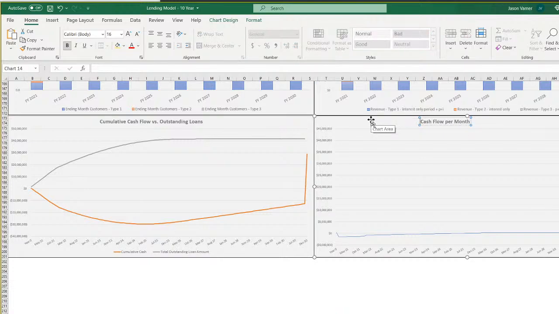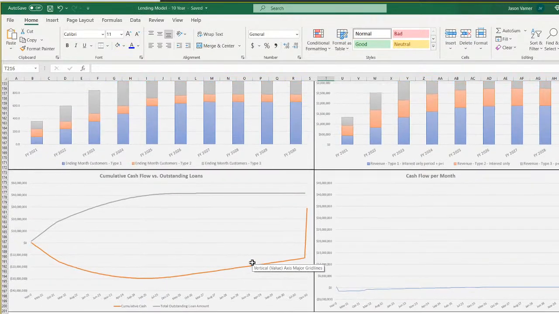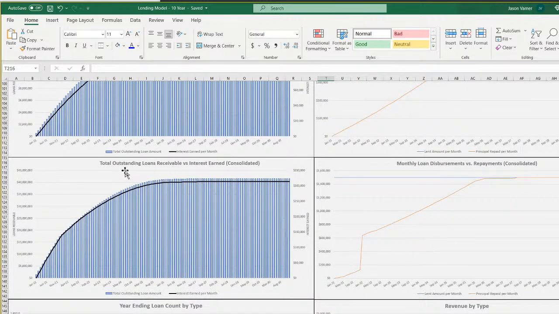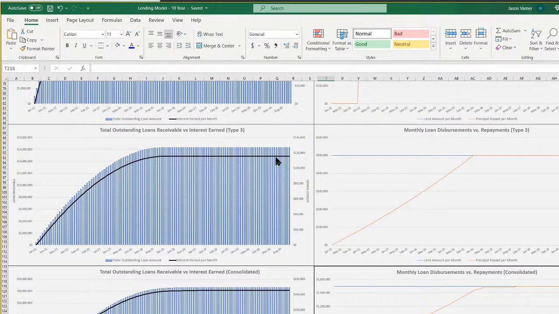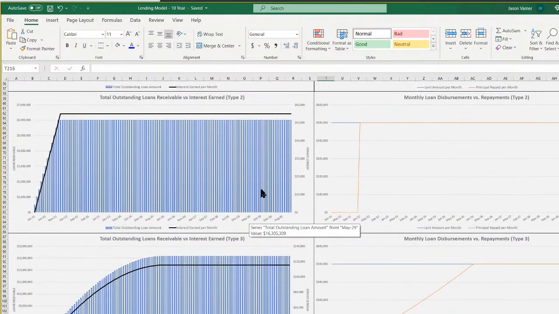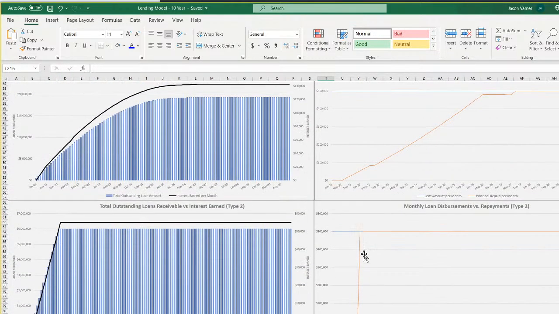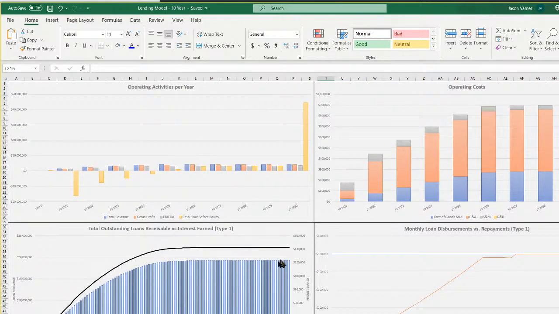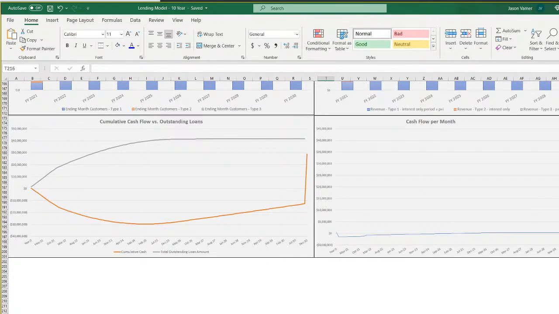Cash flow. Do we want to put any other metrics in here that are relevant? Year-ending loan count by type, revenue, all the different interactions of what's going on with the loan types. I don't know if I want anything else.